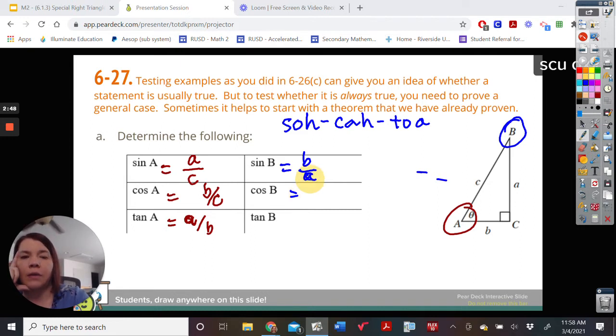SOHCAHTOA. Sine of B is the opposite side over the hypotenuse, so lowercase b over c. Cosine of B is the adjacent side over the hypotenuse, or a over c. Tangent of B is the opposite side over the adjacent side, so b over a.